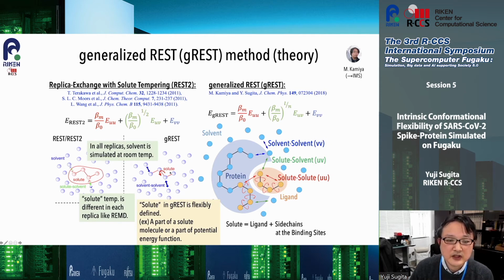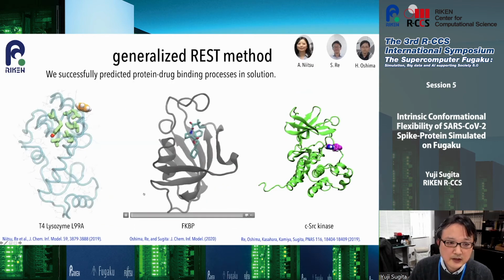In this case, we can flexibly define the solute region. Now, the solute is not the actual solute molecule, but a part of the solute molecule or a part of the potential energy function. This flexible definition gives us many more opportunities to apply this method to very large systems.